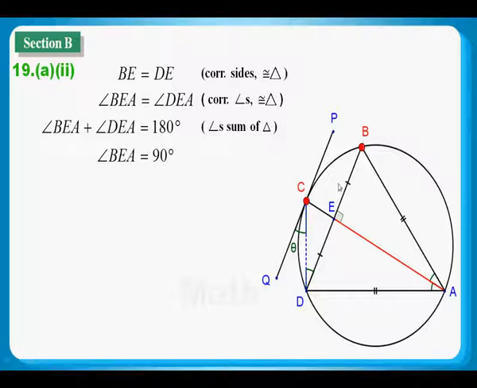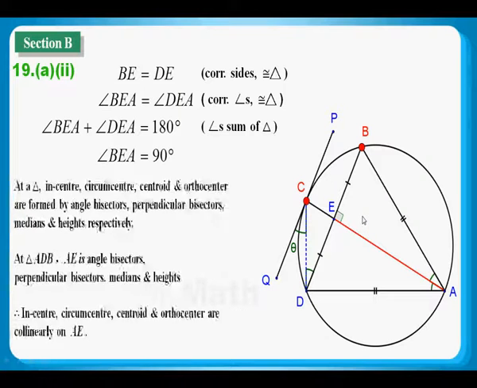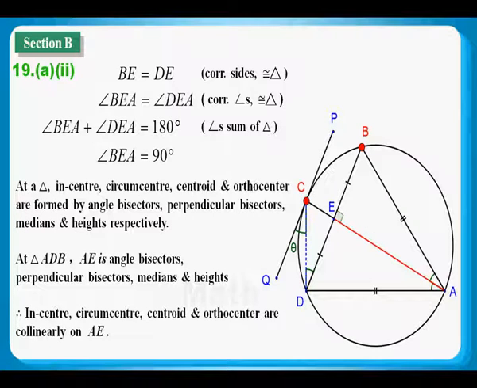As angle BEA is 90 degrees, AE is the height or altitude of this triangle. So I can conclude my answer here. The incenter, circumcenter, centroid, and orthocenter are formed by angle bisectors, perpendicular bisectors, medians, and heights respectively.